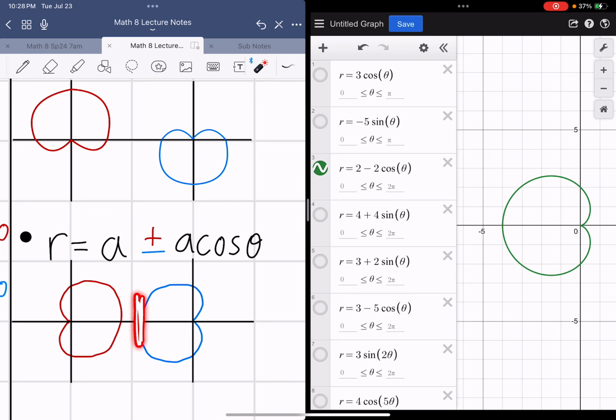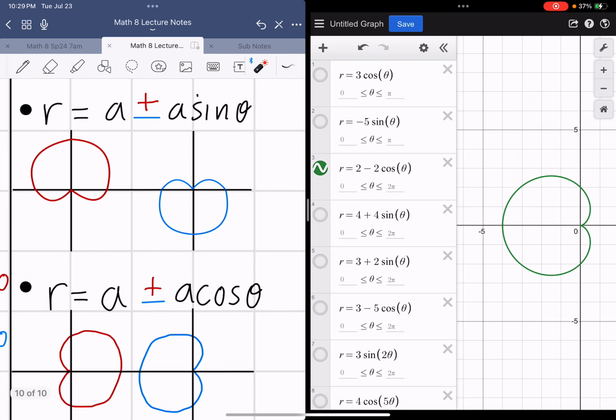And that should give me the furthest edge of this cardioid. That's why the table is still very useful, because I'm going to be able to have a rough idea of what it looks like, and my table is going to correspond to it. So I'll know that I'm on the right track.